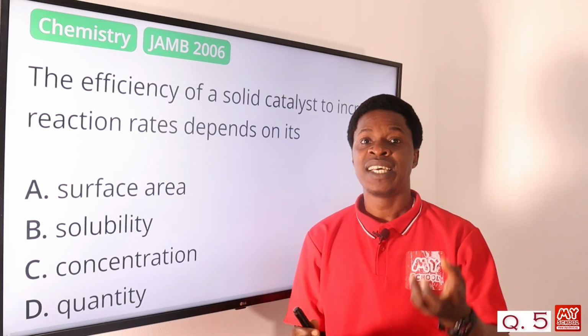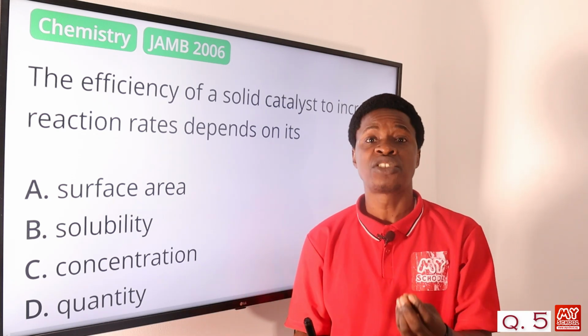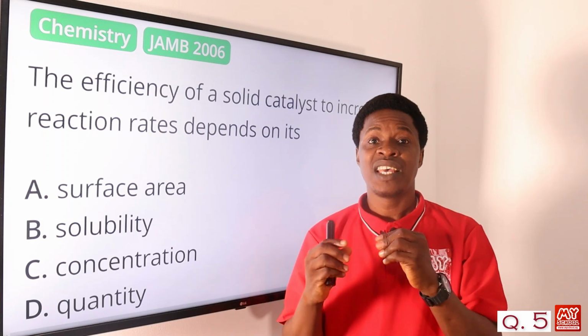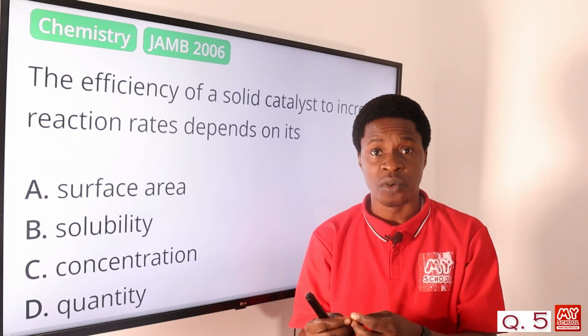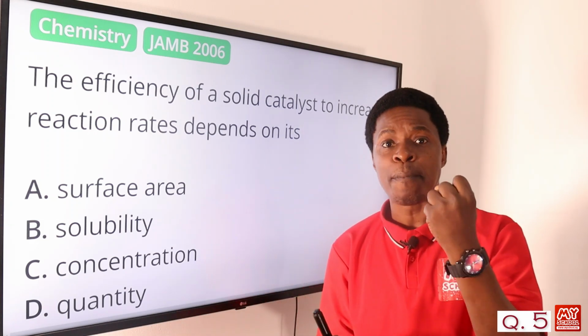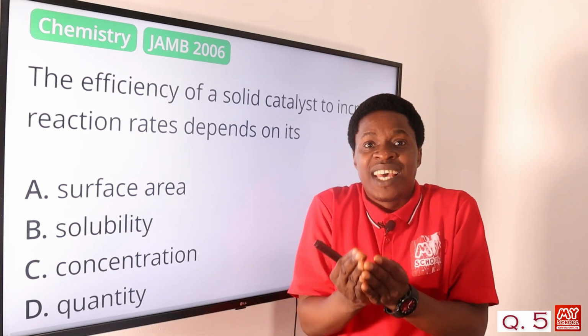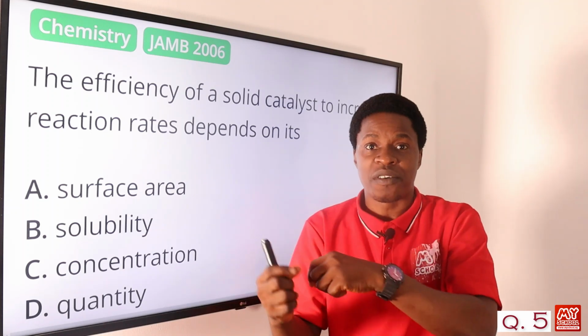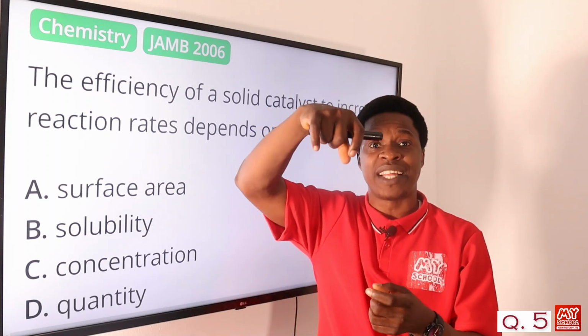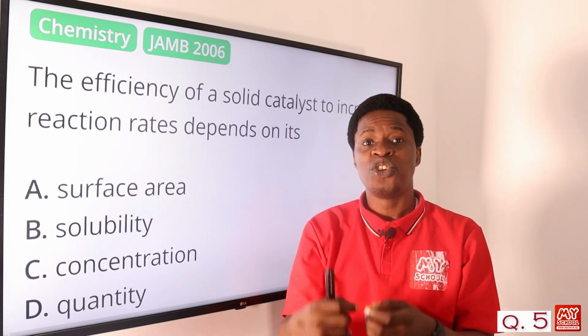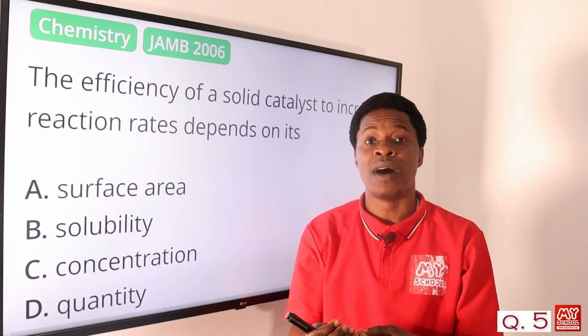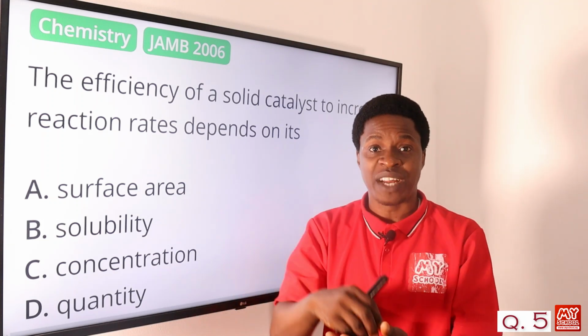For instance, let's say we have calcium carbonate, which is your limestone, in larger particles or in stone as it is. Let's take chalk for instance. If you take a white chalk, and you want to bring in, let's say, HCl to react with it.